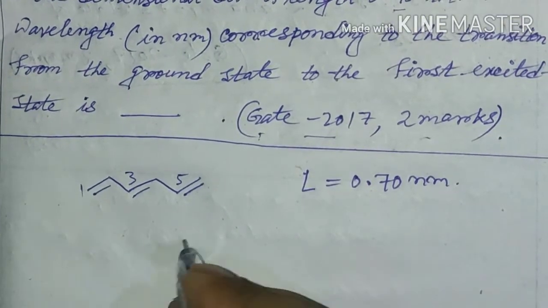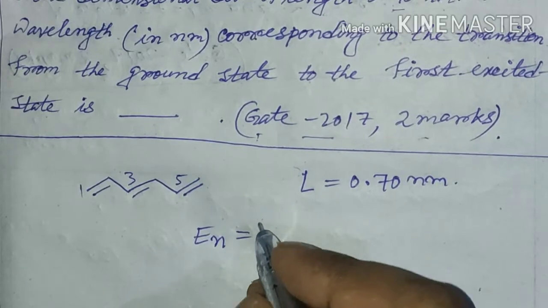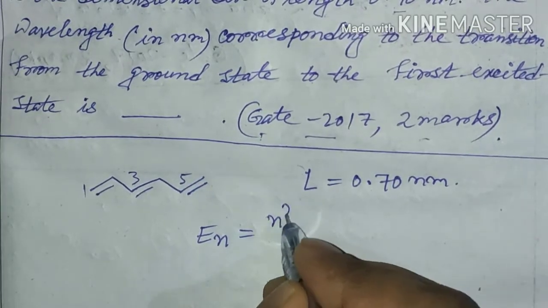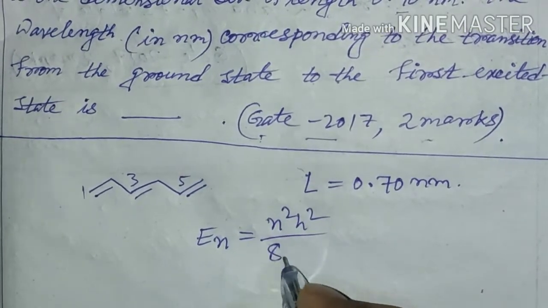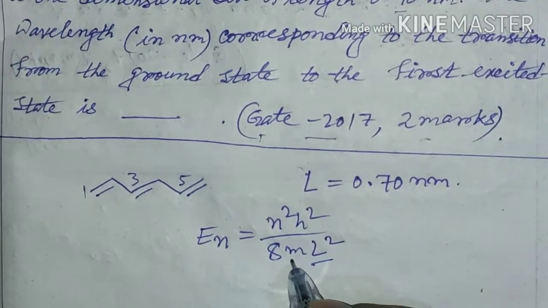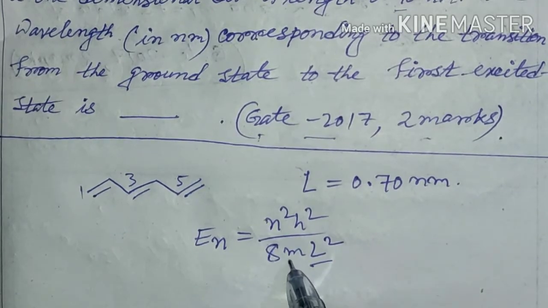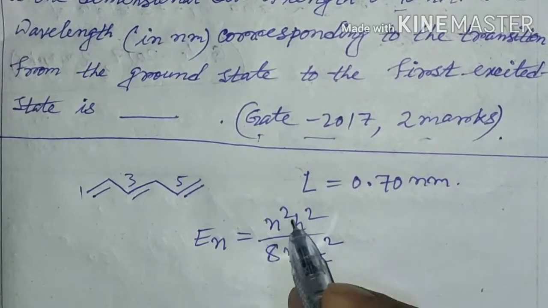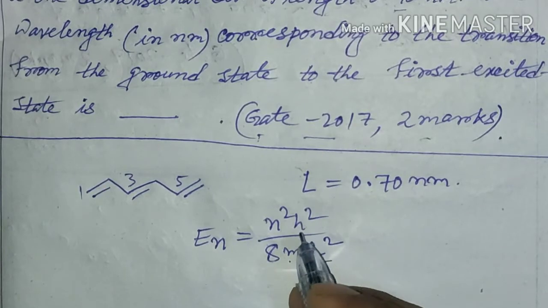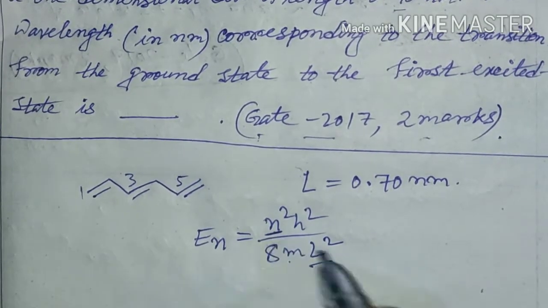Now the energy expression, as I have discussed at the first of this topic, is n square h square divided by 8 m L square. L is given here, we know the mass of an electron, and we know Planck's constant h, and here we have to know the value of n.